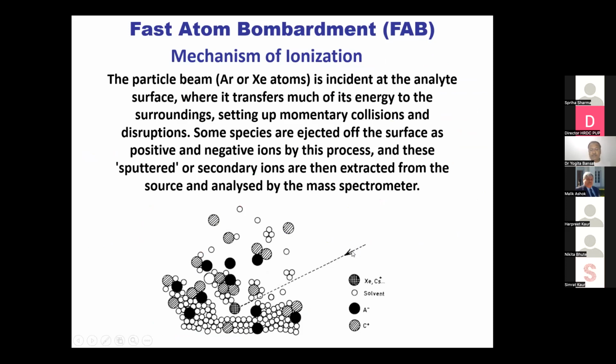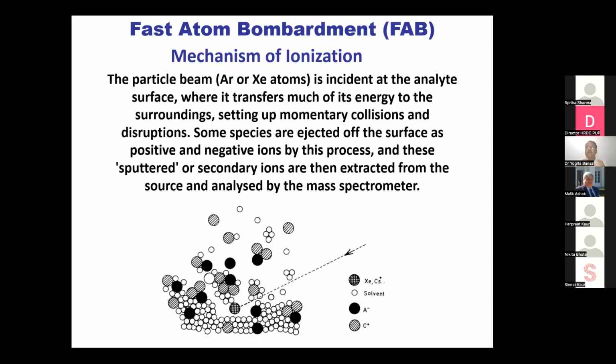When these fast moving xenon and argon atoms strike this, they transfer their kinetic energy to the molecules, to the solvent as well as to the solute. Solvent means the liquid which we have added, like glycerol, and the solute is a neutral species. When this kinetic energy is transferred to the molecules, they undergo multiple collisions.